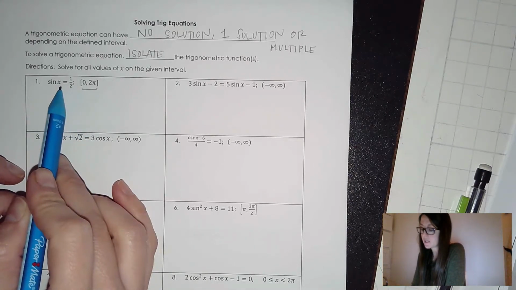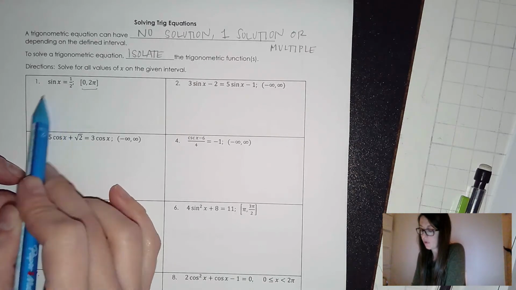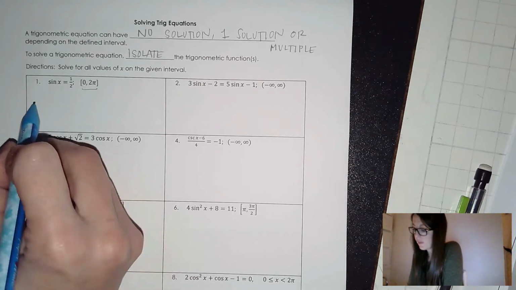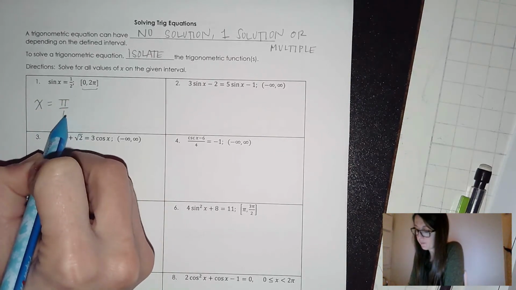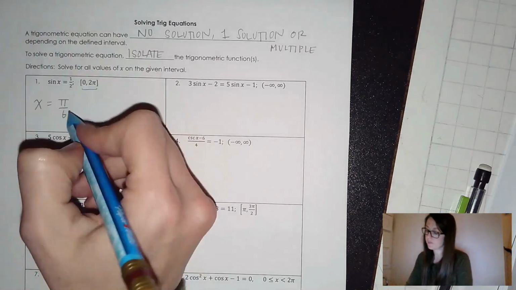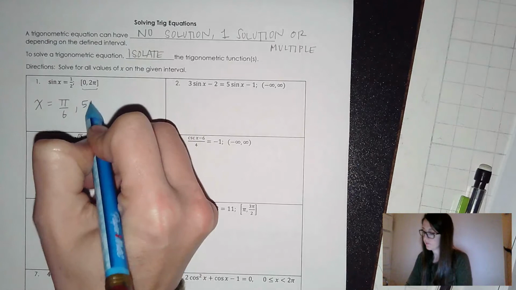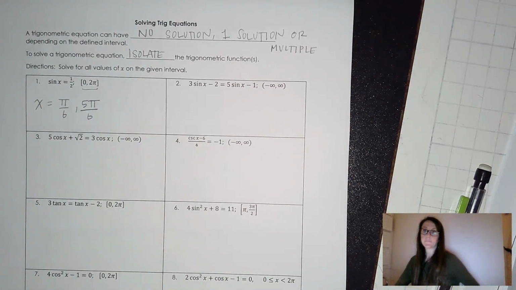On the unit circle, that answer is pi over 6, because it is 1/2 at pi over 6. And then it's also going to be 5 pi over 6. And that's where it's going to be equal to 1/2.